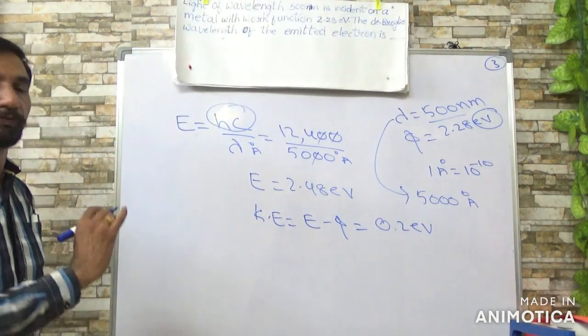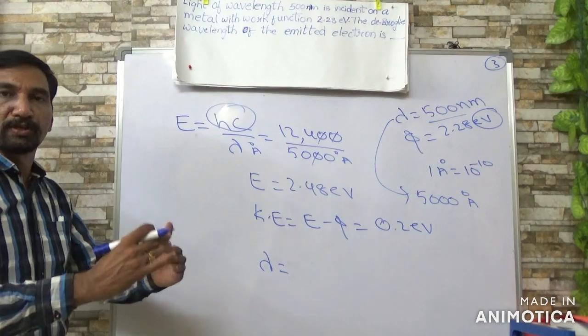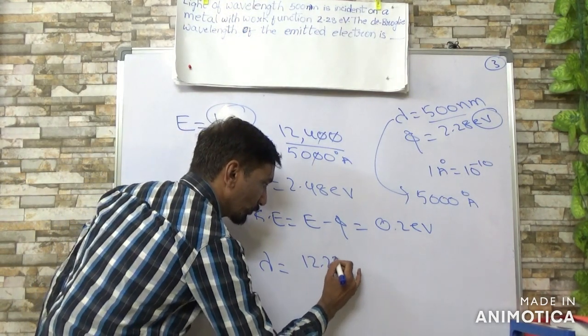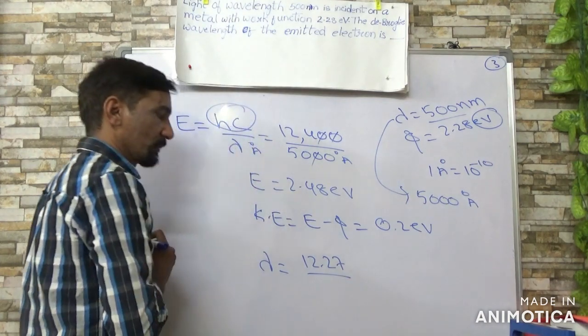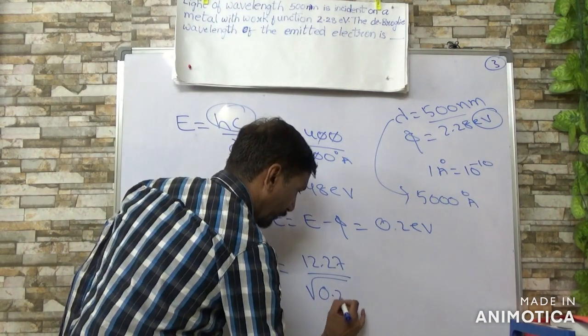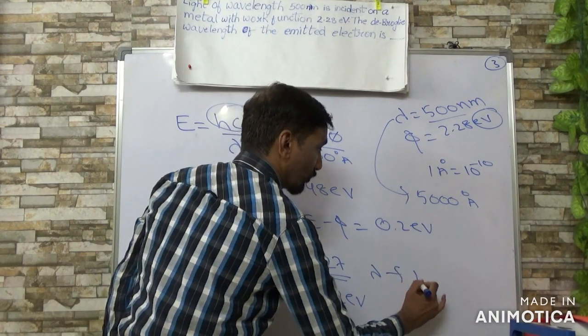Whenever you want to find de Broglie wavelength, instead of using Planck's constant and all, you can simply take 12.27 by root of this kinetic energy, 0.2 eV. Then you get wavelength in angstrom.